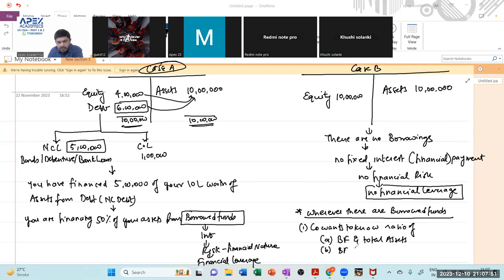Number two, borrowed funds and equity. Why? They want to have a proportion between outsiders and owners. Why do I use this word? My dear friends, equity are the owners of the company, whereas the providers of debt are outsiders. Do you agree with my statement? That equity are the ultimate owners of the company and providers of debt are nothing but your outsiders.